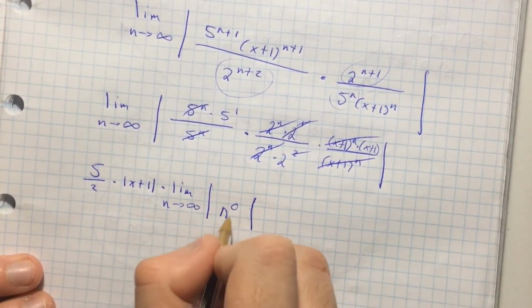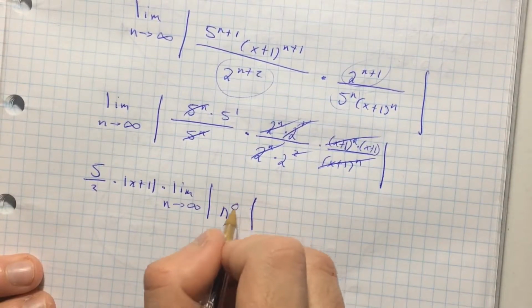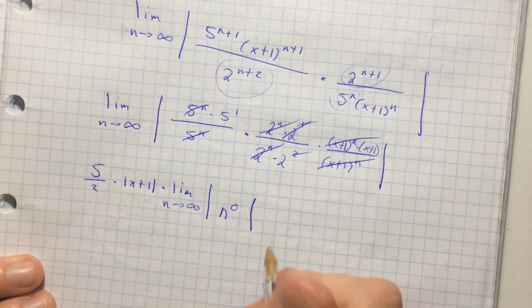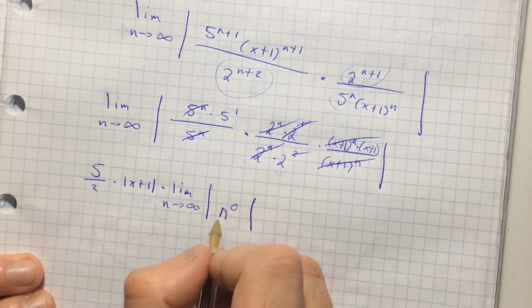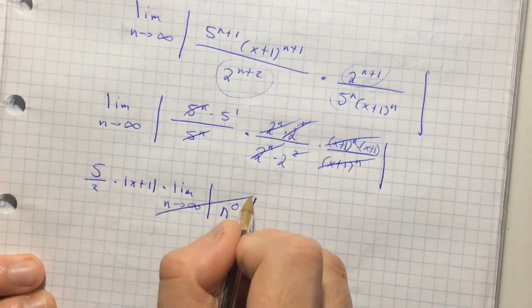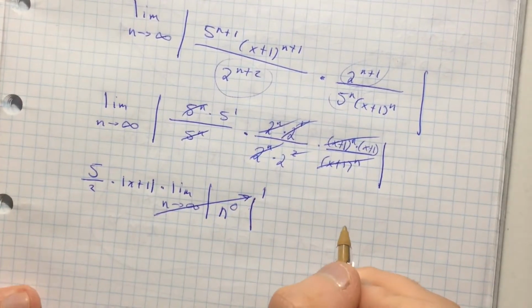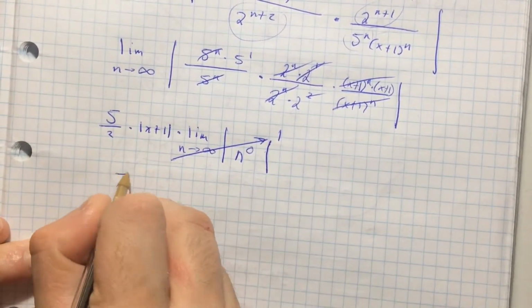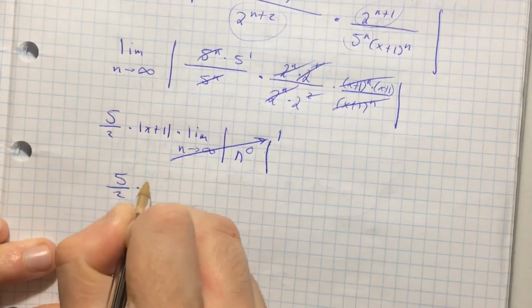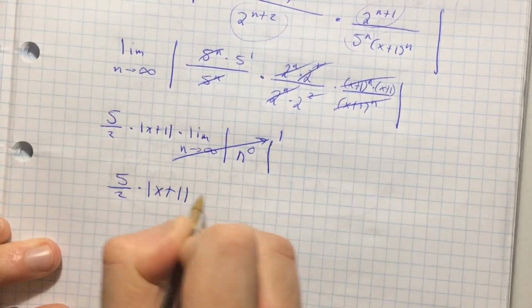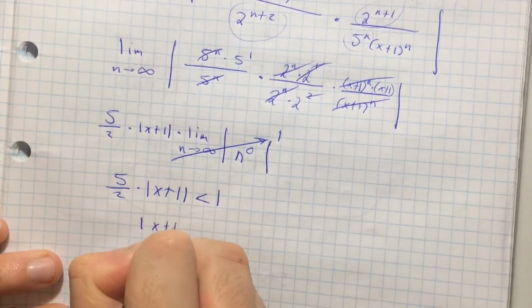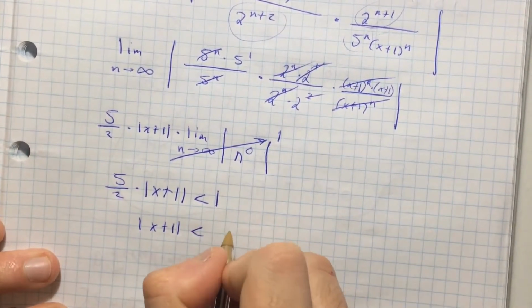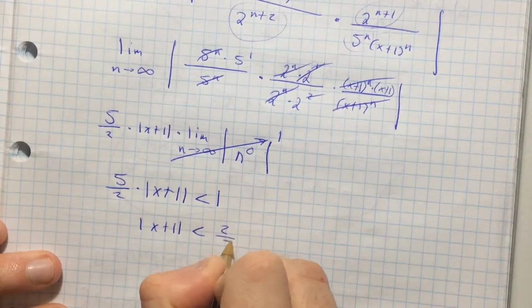No matter what you plug in for n, it's always going to be 1, because anything to the power of 0 is 1. So that's the trick. This whole thing is going to approach 1. And then your answer is 5 over 2 times the absolute value of x plus 1 is less than 1, which means that the absolute value of x plus 1 is less than 2/5.